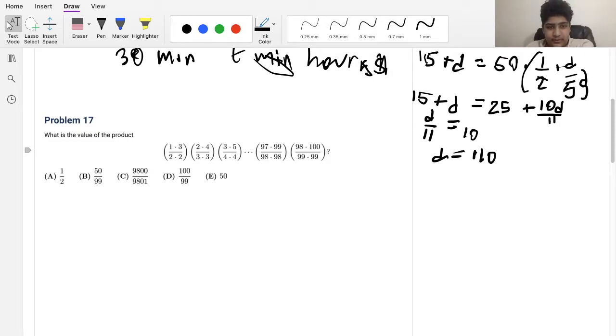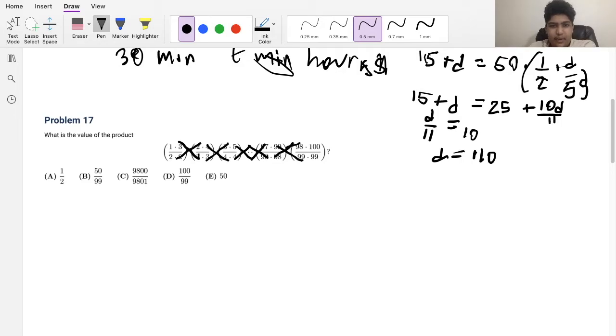We know that these two 2's cancel. But we also have that these two 3's cancel, these two 3's cancel, and from the pattern we can see that all of these cancel, including the 98 and this 99. But then this 100 and this 99 do not cancel, and this 1 and this 2 do not cancel.